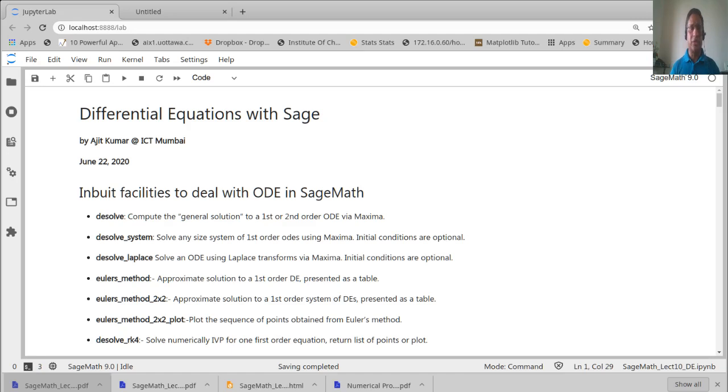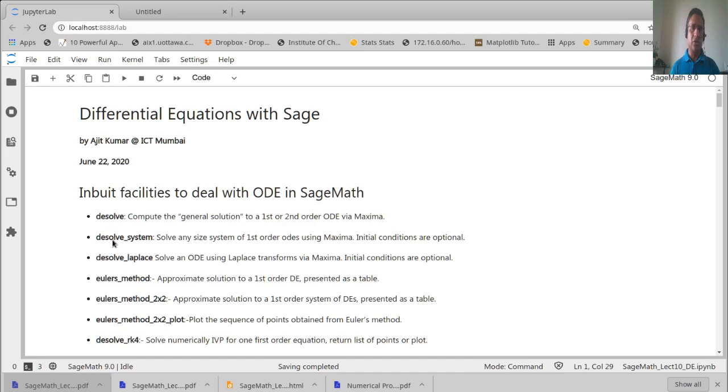So actually, let me just first begin with saying that Sage has somewhat limited facilities in differential equations. Some of the inbuilt facilities that you can find in Sage are the following functions. One is desolve, that solves differential equations of first order and second order, and it uses Maxima.